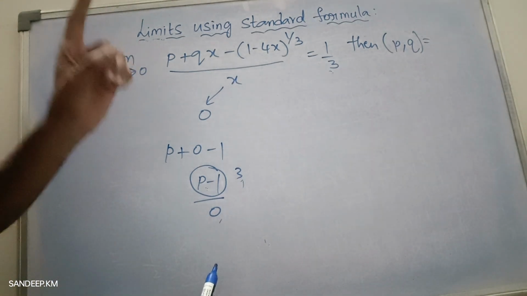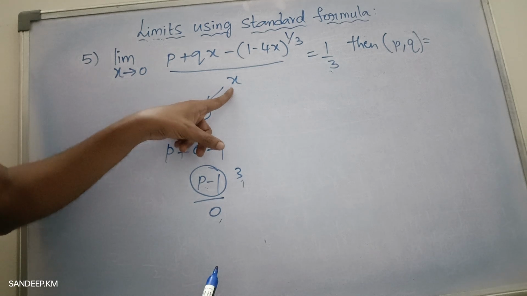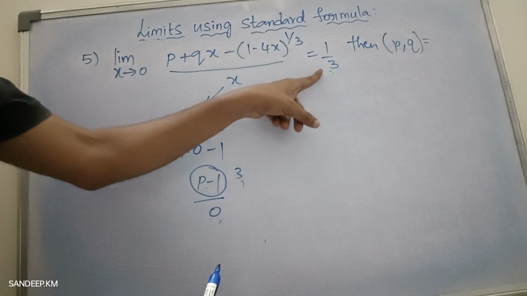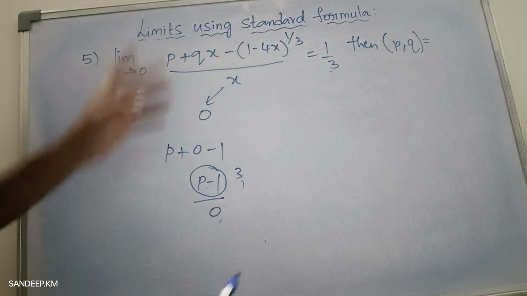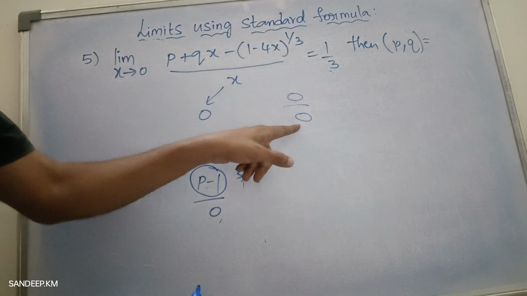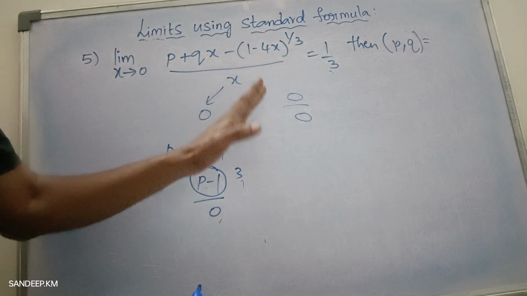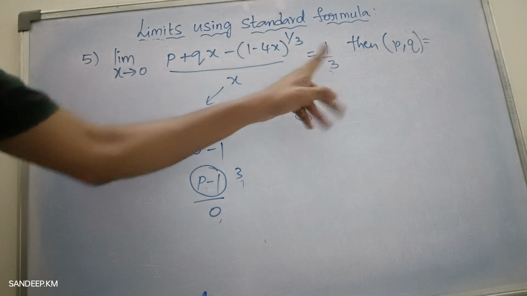And remember, in these kind of models, when the denominator is approaching 0, if the answer is a finite number, then the numerator also must approach 0. That means the question must take 0 by 0 form. If the denominator is approaching infinity, the numerator also must approach infinity. Then only we will get finite answers like this.